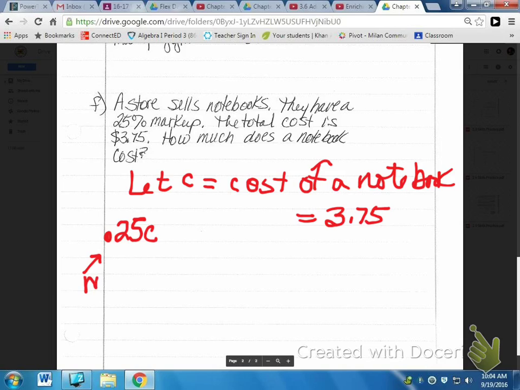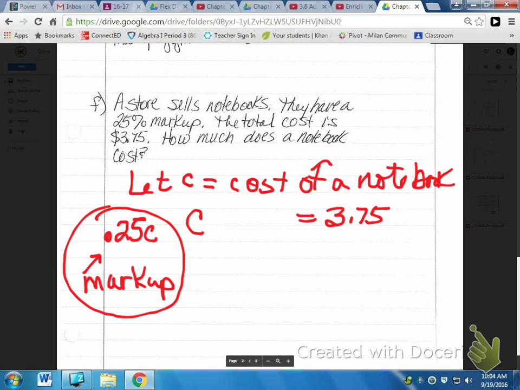That is known as the markup. So to get the total price, you would take the cost of the notebook plus the amount of markup. And altogether, that would equal $375.